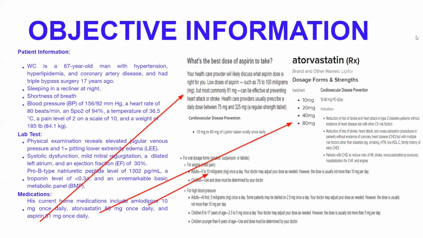As we compare also in a clinical guidelines article, 10 to 80 milligrams by mouth once a day can reduce the risk of stroke and heart attack in type 2 diabetes patients without evidence of heart disease but with other cardiovascular risk factors. It also reduces the risk of stroke, heart attack, and revascularization procedure in patients without evidence of coronary heart disease but with multiple risk factors other than diabetes.